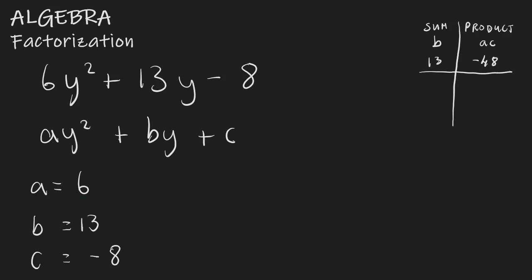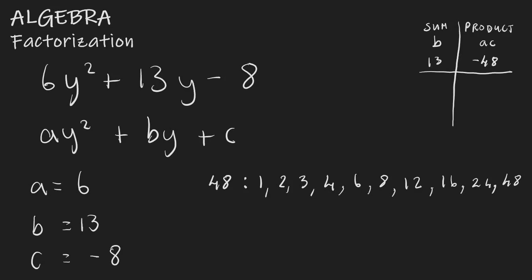So, we need to find the factor pair of 48 that when I add, I get positive 13 and of course multiply to get negative 48. So I need to list the factors of 48. The factors of 48 are 1, 2, 3, 4, 6, 8, 12, 16, 24, and of course 48.